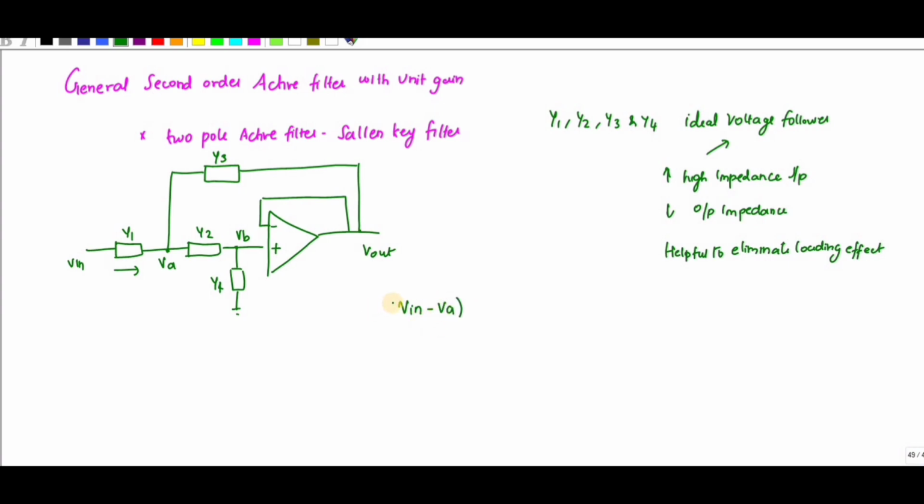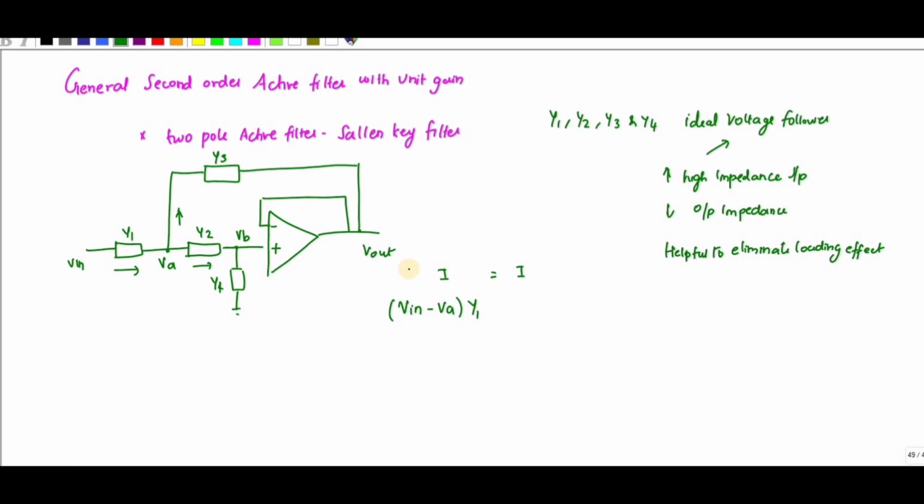So instead of resistance I am using admittance. So this is your incoming current that is equal to the outgoing current.